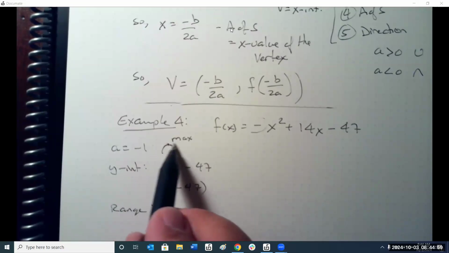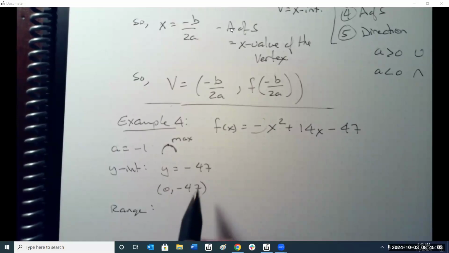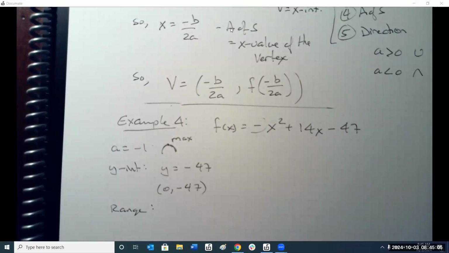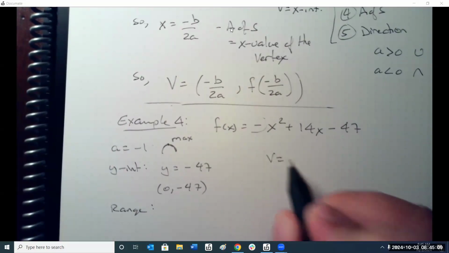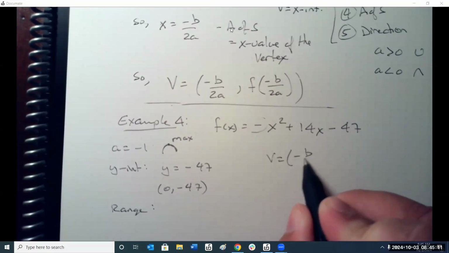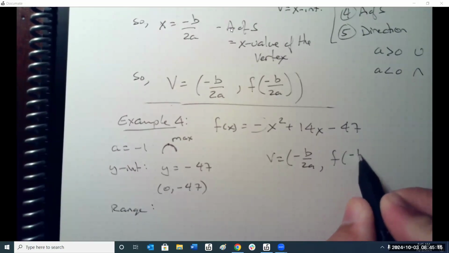I'm sorry, this is just the y-intercept. We have to find the vertex first. So the vertex, negative b over 2a, and put that back in there.